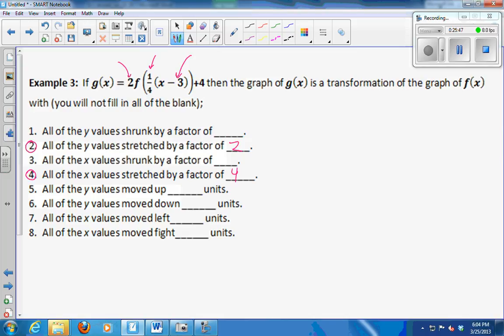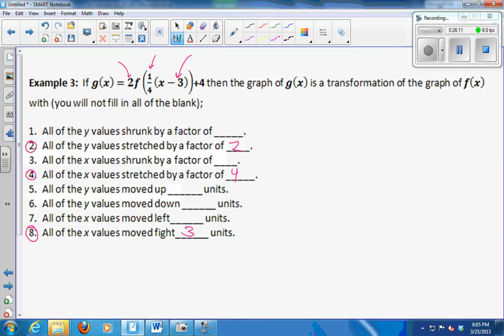So I have a horizontal shift. Which way am I going to go? Right 3, because horizontal things do the opposite of what you expect. So this is a horizontal shift, right 3 units. And that means I'm going to move all of my x values right 3 units.